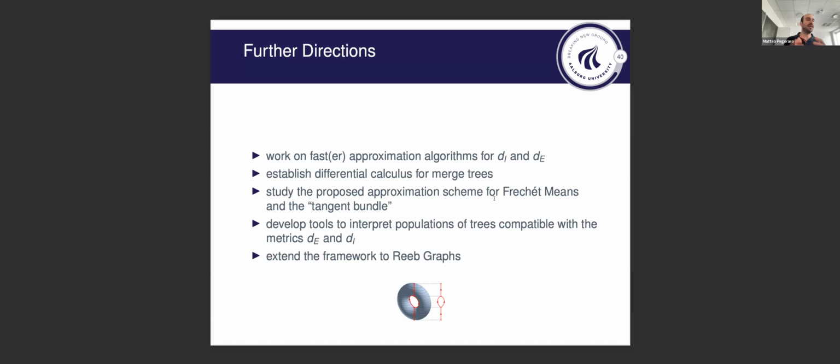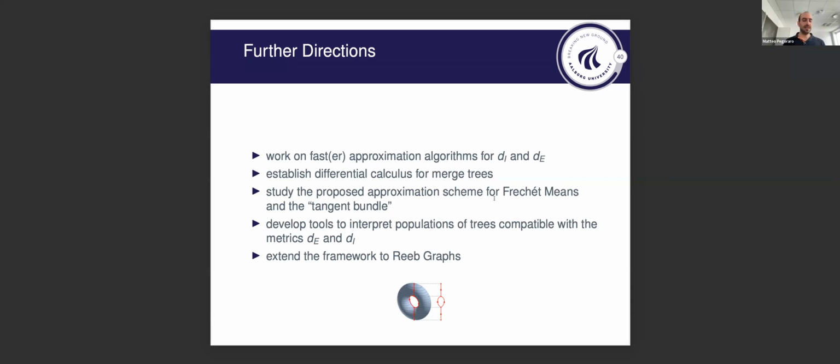Then I would like to still investigate the structure of this metric space of merge trees, because I believe that the algorithm that I defined to approximate the Fréchet means can be framed into some kind of gradient descent structure. And also I want to see if it's possible to define some principal component analysis or regression techniques.